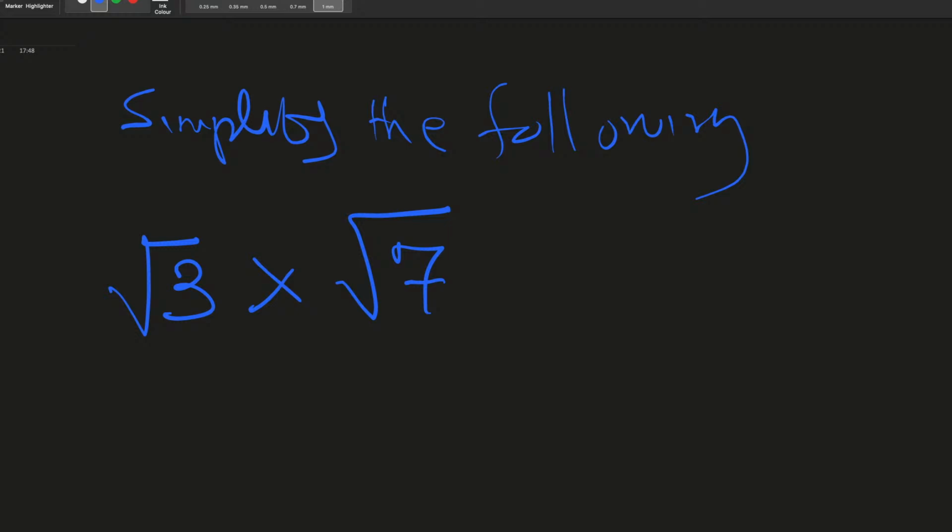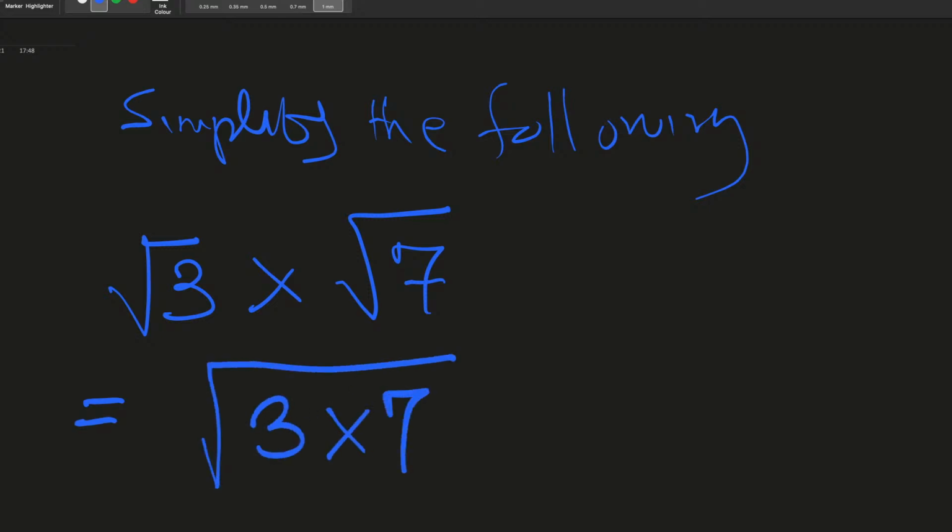When two surds are multiplied, under different surd values, we can write this as root of 3 times 7. We all know that 3 times 7 is 21. So our answer will be root 21 and nothing else. I don't think this is anything difficult to grasp. Let's see the other one.